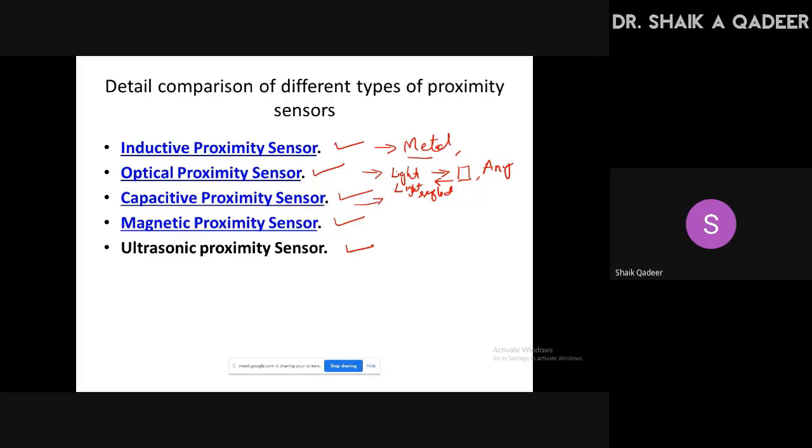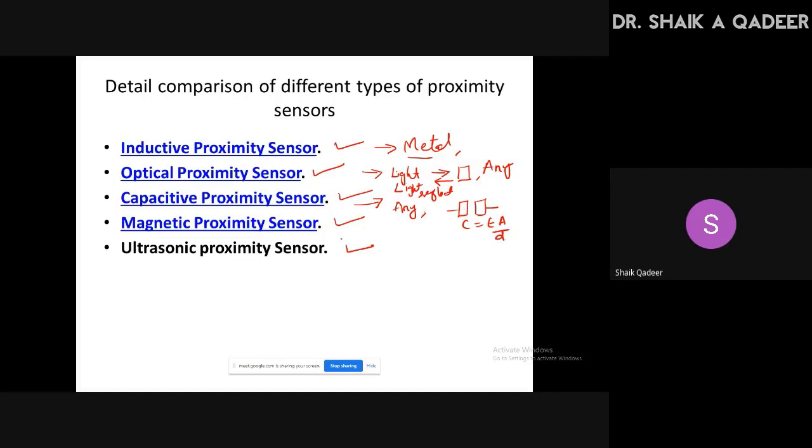In case of the capacitive proximity sensor, anything can be detected, and the principle of operation, we all know, we have already discussed. Two plates of a capacitor are available, so the capacitance changes due to the object's influence.